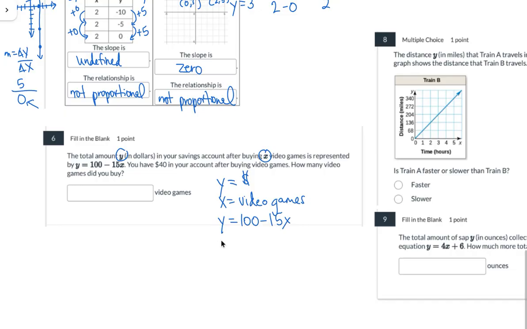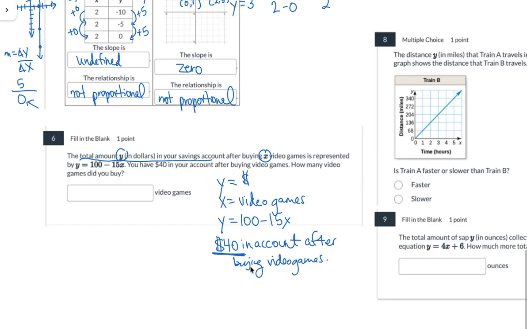And it also says that $40 in account after buying video games. Okay, so total amount in the savings account. They gave us 40, okay?